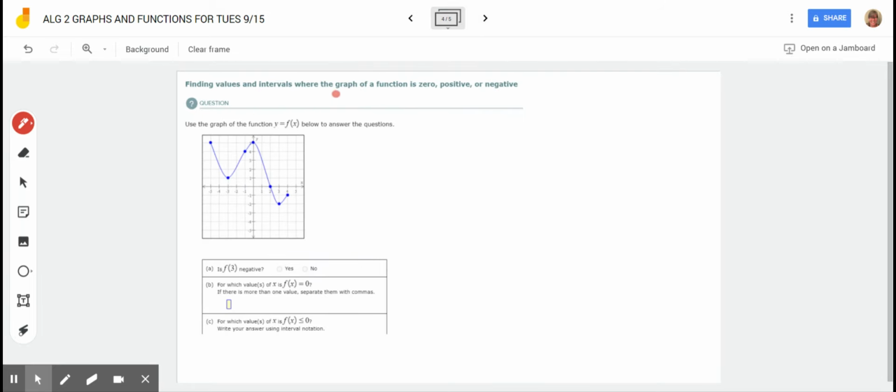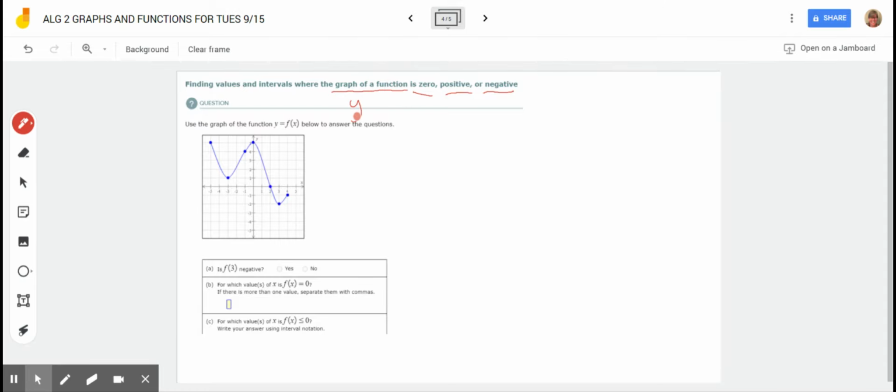Finding values in intervals where the graph of a function is 0, positive, or negative. Okay, so this actually is talking about the graph of a function.